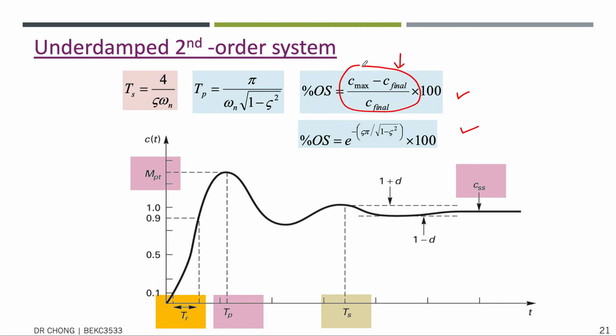But if you don't have the step responses, but you have the value of zeta, then you can use this formula. Both can give you the answer for overshoot, peak time and settling time. So for now, no matter whether it's an open book test or closed book test, this formula will always be provided for you.